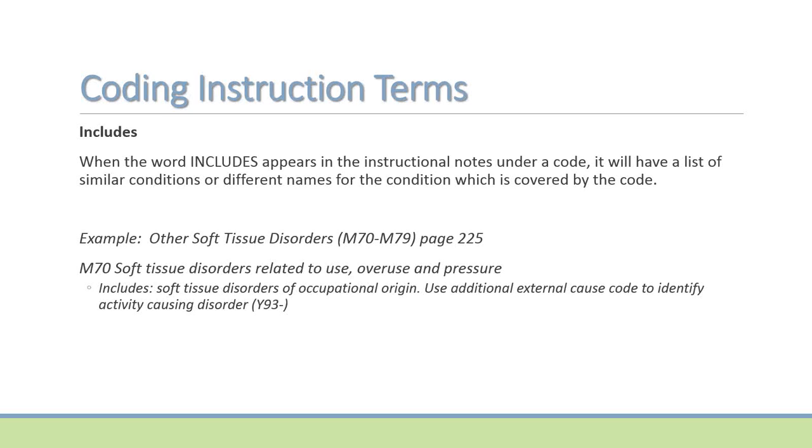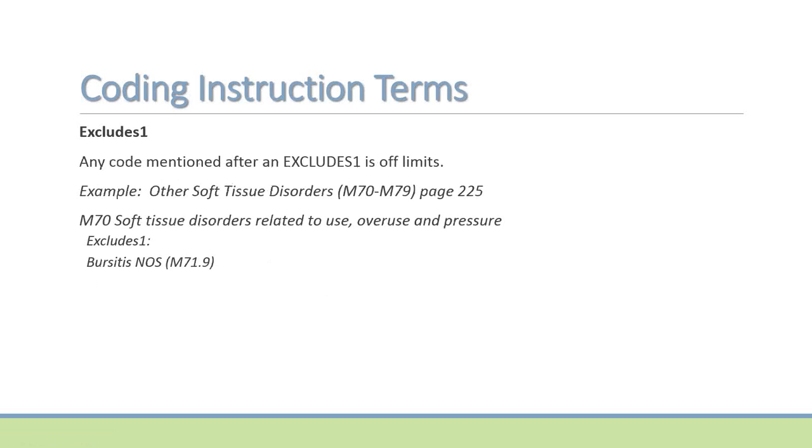And then it'll say includes soft tissue disorders of occupational origin. Use additional external cause code. So this is where you're going to have to go into chapter 20 and find the etiology code that caused this overuse and pressure. Again, this is nothing more than a big cookbook, and you're just following the recipe.